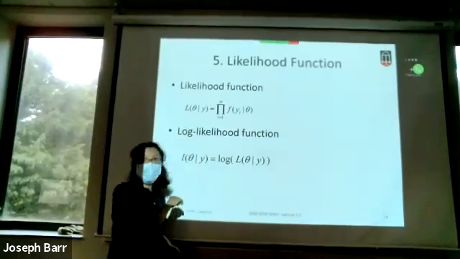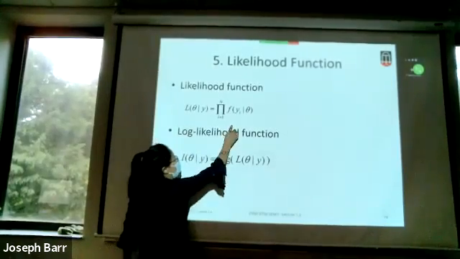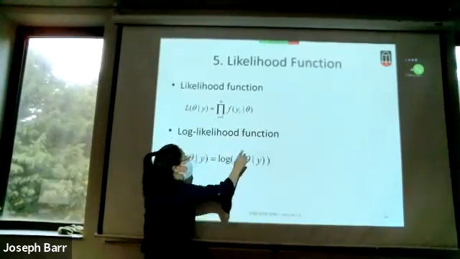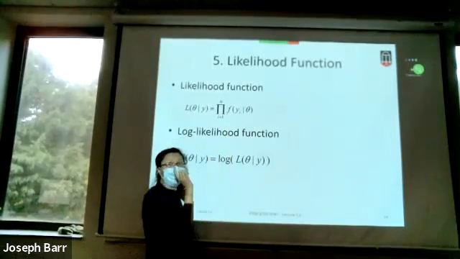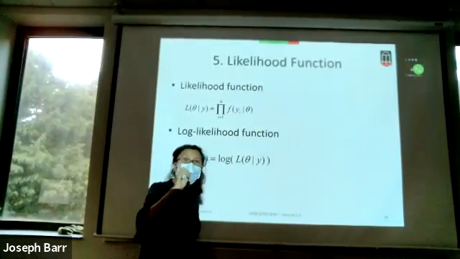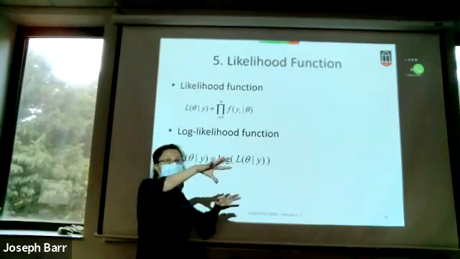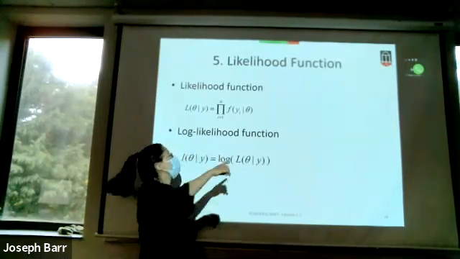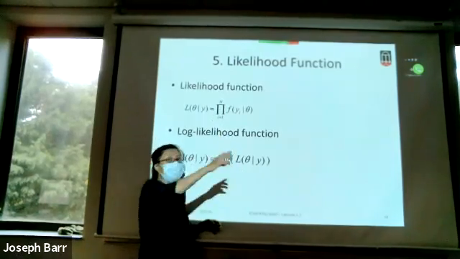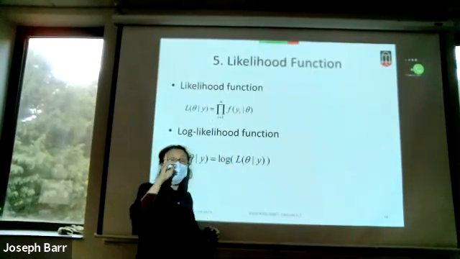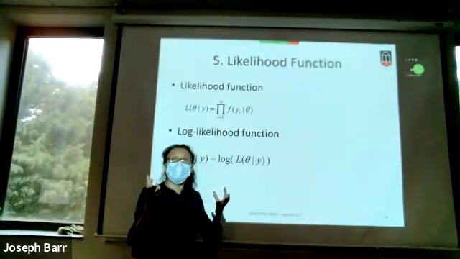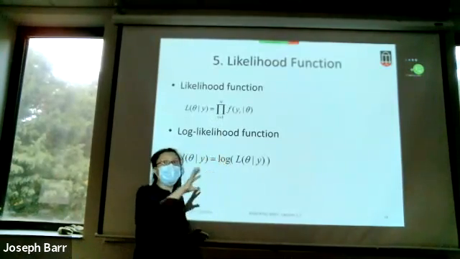What is the definition of likelihood? This is a density function of y, of one variable. So if you have a sample size of n, if you have n observations, each observation has its own density function. You multiply all of them together.